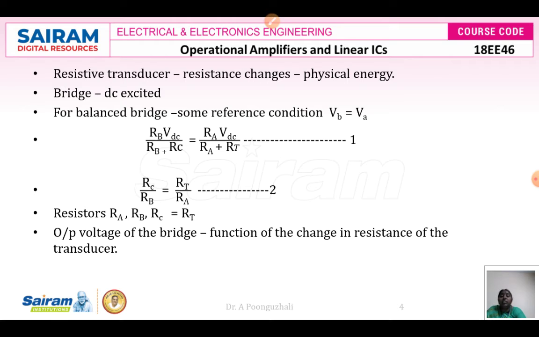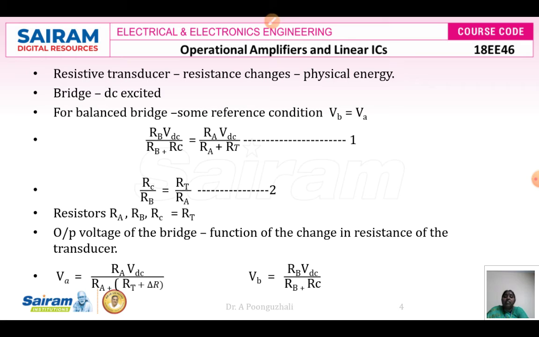So this is actually a balanced bridge. Bridge is balanced means your RC by RB is equal to RT by RA. So since your resistances RA, RB and RC are equal to RT, I am going to substitute in the above expression. So we can say that the output voltage of the bridge is going to be a function of the change in resistance of the transducer there.